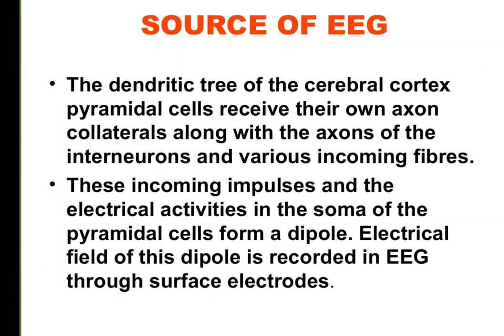And EEG is a method for recording electromagnetic fields which are produced during the activity of neurons. Neurons placed close to the skull are cortical neurons, pyramidal neurons, and glial cells around the neurons.